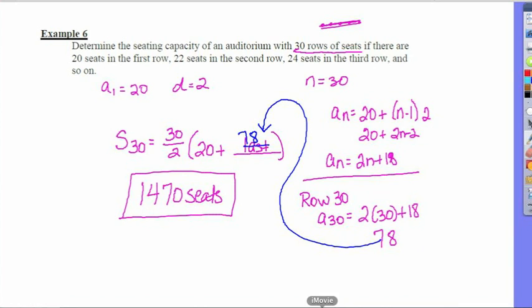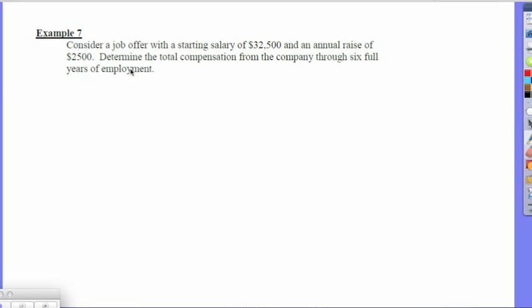And for the last example, we're going to consider a job offer with a starting salary of $32,500. The starting salary, A1, $32,500, and an annual raise of $2,500.